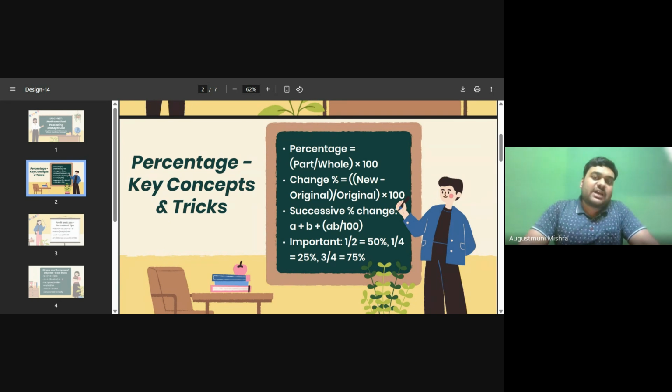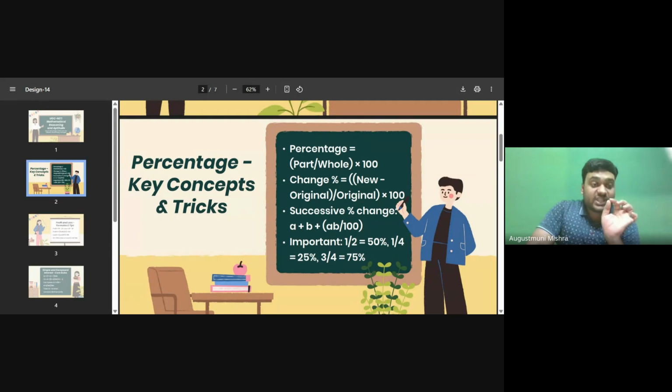If you want to take out the percentage, then you have to take a part of the whole. For example, it is similar to the fraction I was telling you about yesterday. You just take the part upon the whole into 100, because per cent represents 100. Similarly, for percentage change, you can subtract the original data from the new data available in the question, upon the original data, into 100.